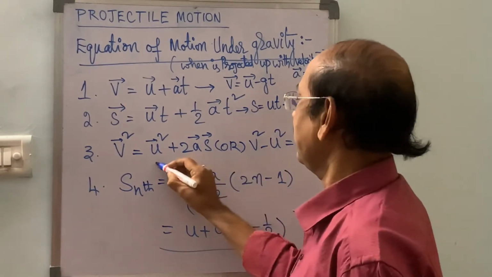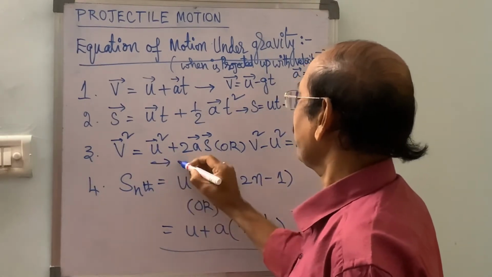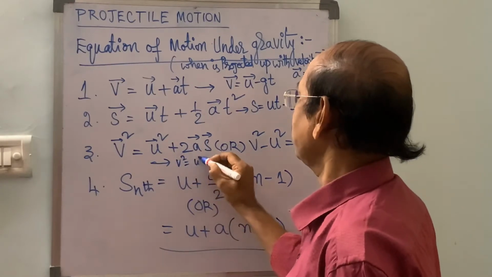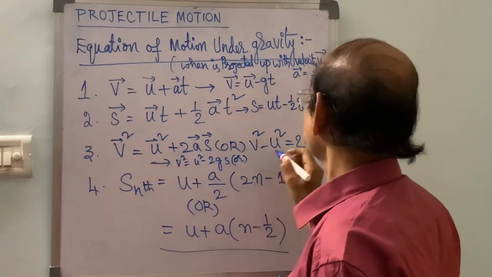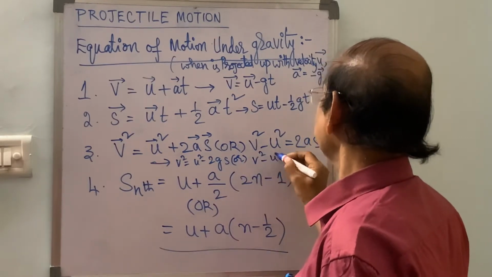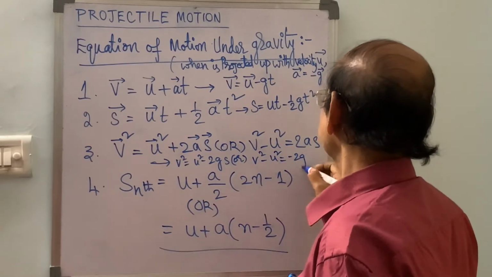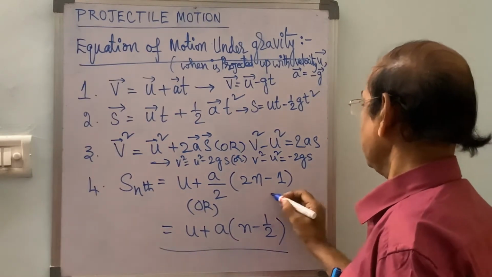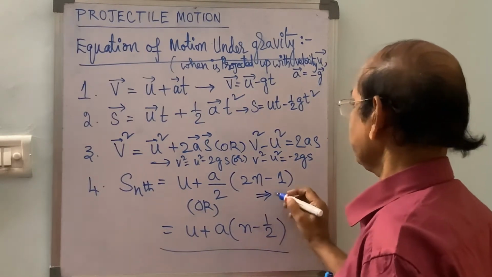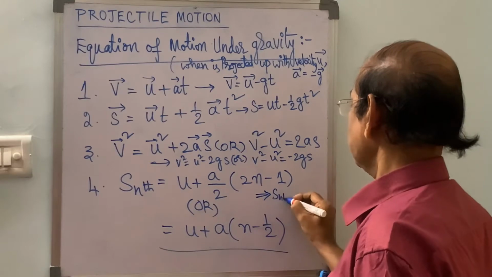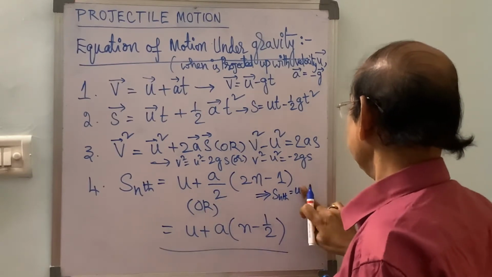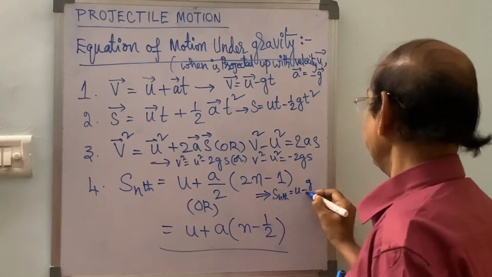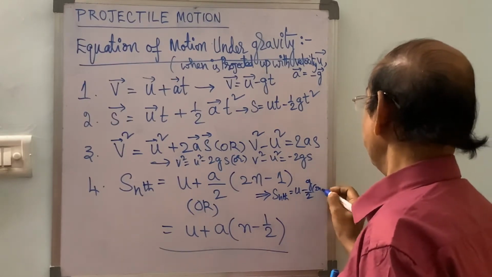And this third equation becomes v square equal to u square minus 2gs, or v square minus u square equal to minus 2gs. And this equation becomes Sn is equal to u minus g by 2 into 2n minus 1.